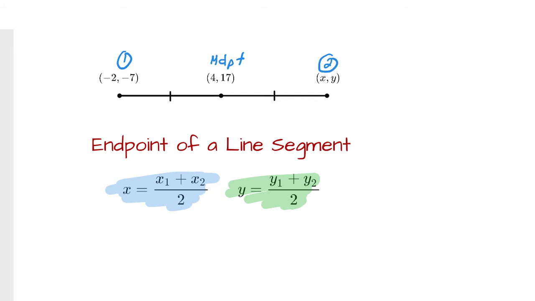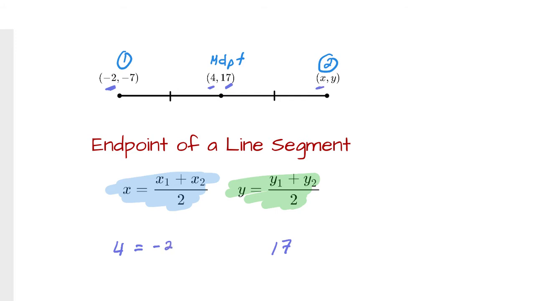I'm going to sub in my midpoint values where they go. So the x value of the midpoint is 4, and the y value of the midpoint is 17. On the x side, I'm going to take the x value from coordinate number 1. I'm trying to find this one.